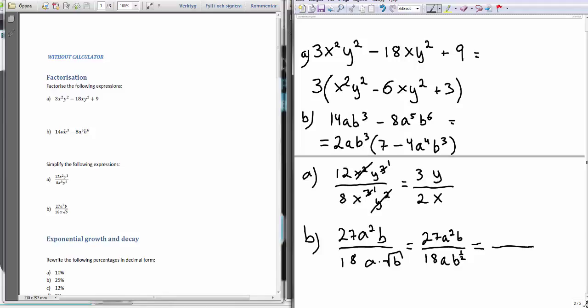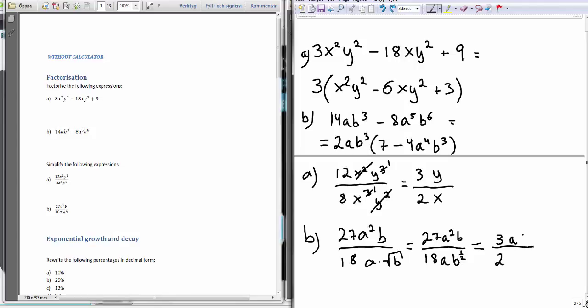So if we cross out the 9s, we are left with 3, because 3 times 9 is 27. 2 times 9, I'm going to cross out the 9, we're left with a 2. Now, I'm going to write a up here, and then the exponent is going to be 2 minus the 1 down here. So it's a to the power 1 or just a.